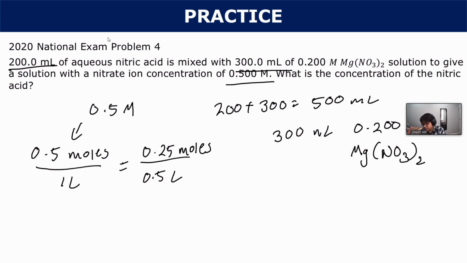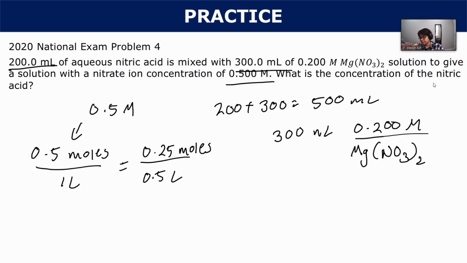Although the problem tells us that we have a 0.2 molar solution, you can't just go off the 0.2 molar because that 0.2 molar is talking about the Mg(NO3)2. So in one molecule of that, you're going to have two nitrate ions, meaning the concentration of the nitrate ion is going to be 0.4 molar.